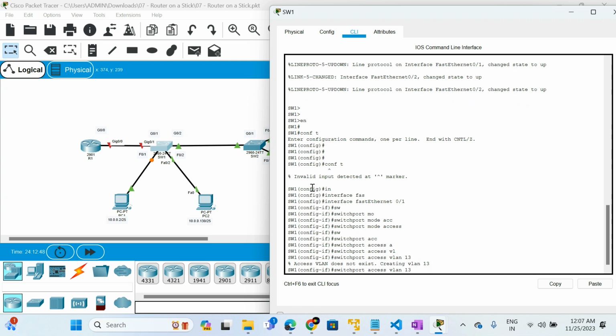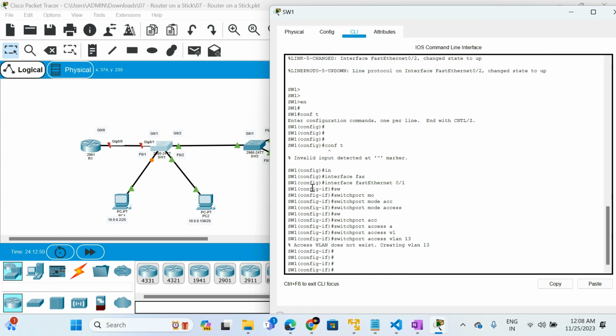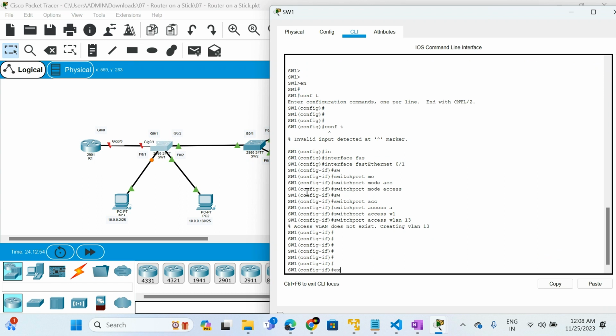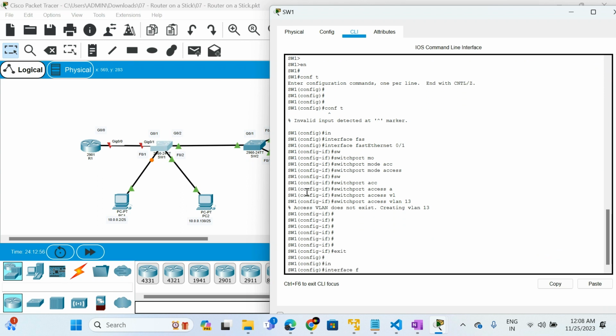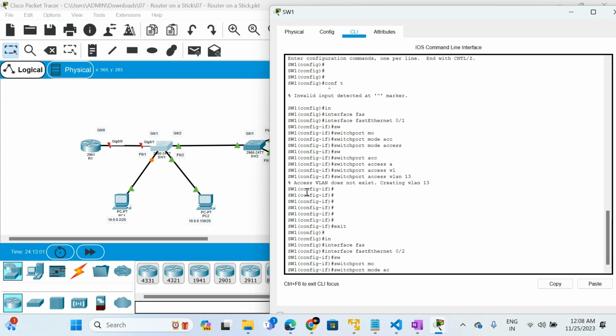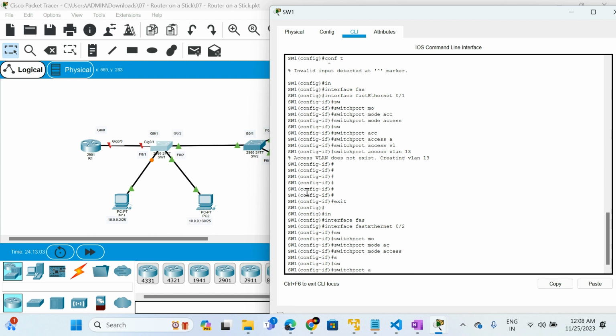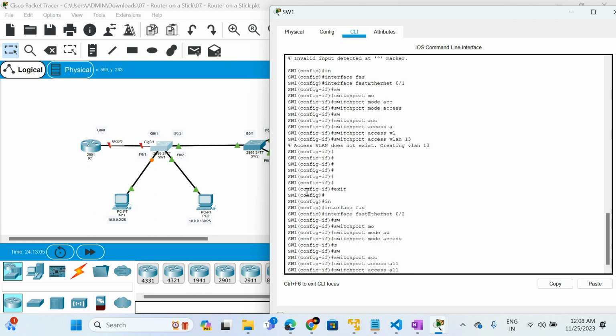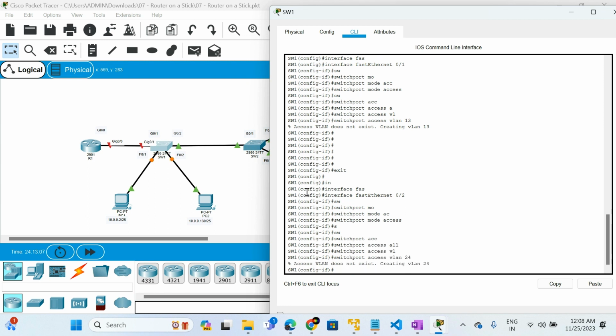It automatically creates that VLAN and associates it. Now interface fast ethernet 0/2, switchport mode access, switchport access VLAN 24.